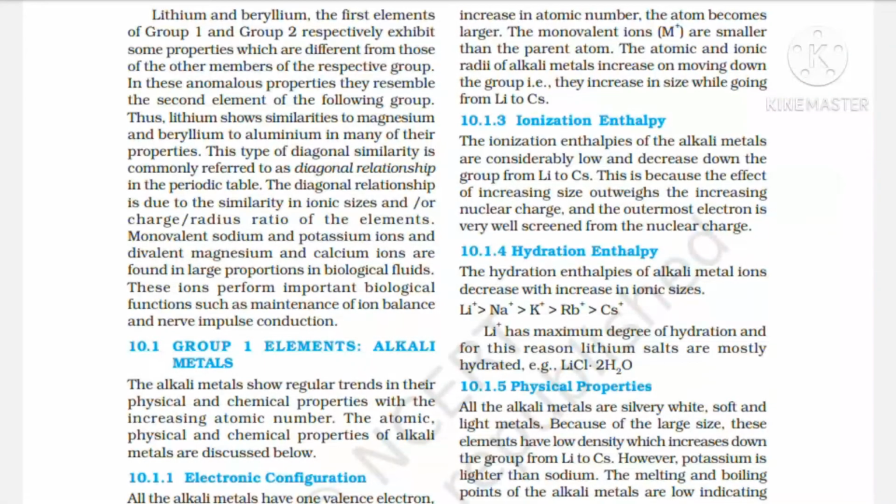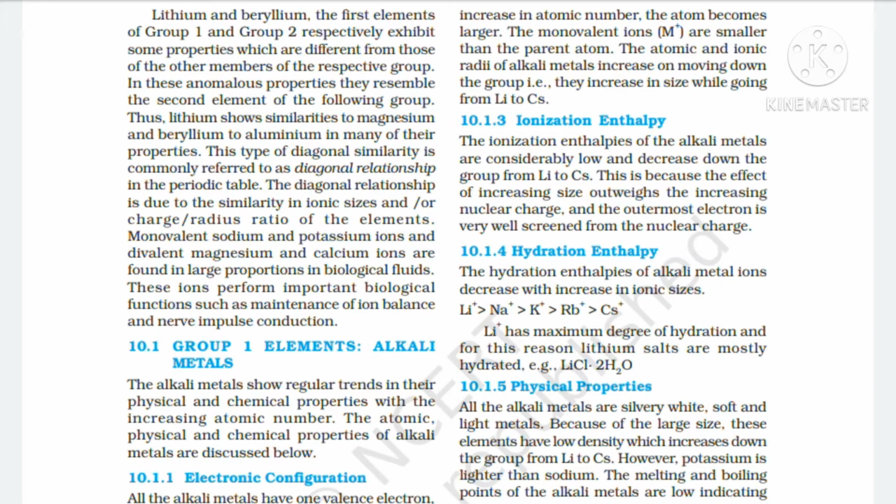Lithium and beryllium, the first elements of group 1 and group 2 respectively, exhibit some properties which are different from those of the other members of their respective groups. In these anomalous properties, they resemble the second element of the following group.